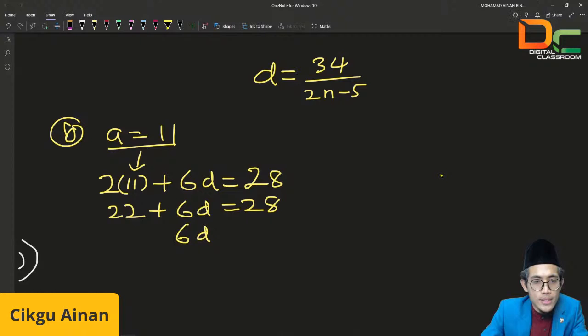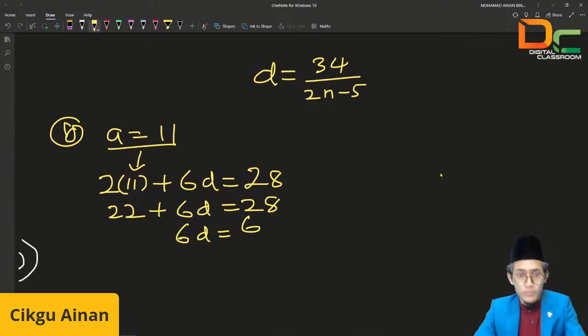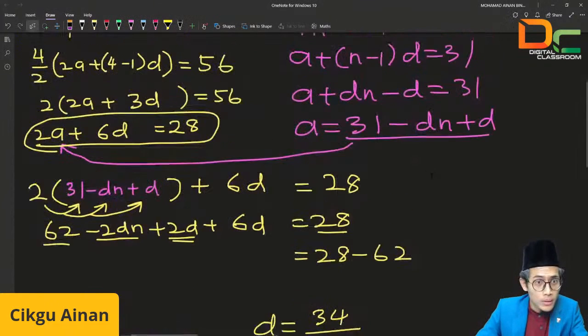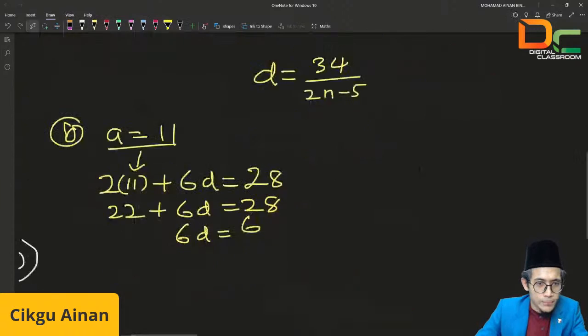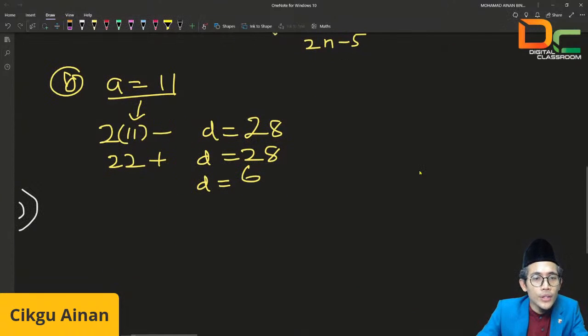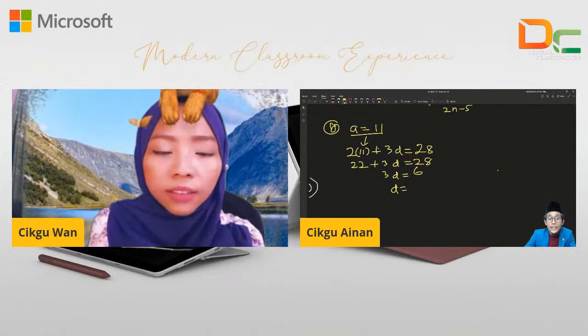So 3D is 28 minus 22, 6. Oh, salah lagi. Apa salah salah je ni? Tak boleh jadi ni. Oh, 3D. Salah lagi. Sorry, ini 3 patutnya. Sorry.